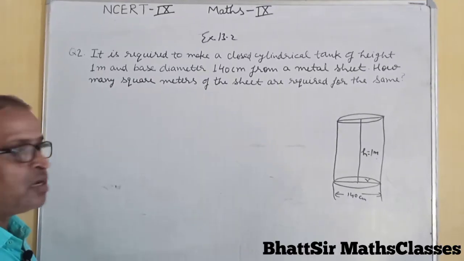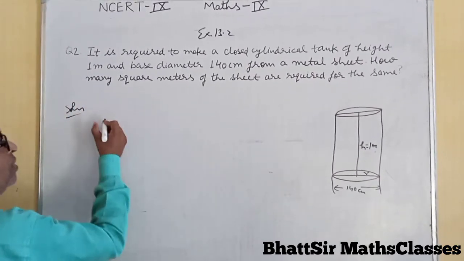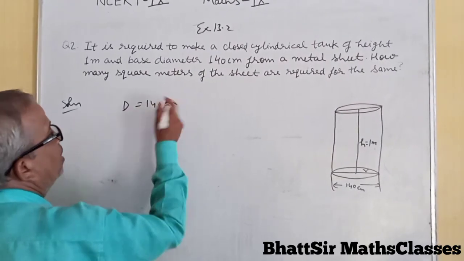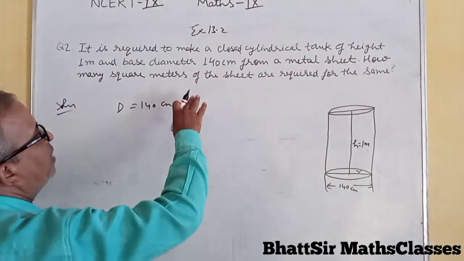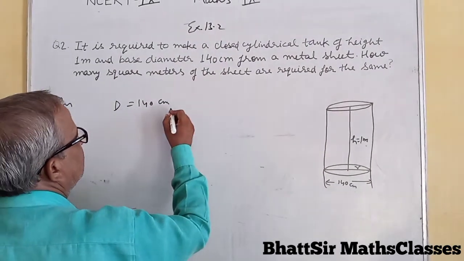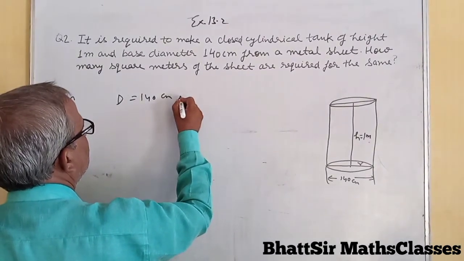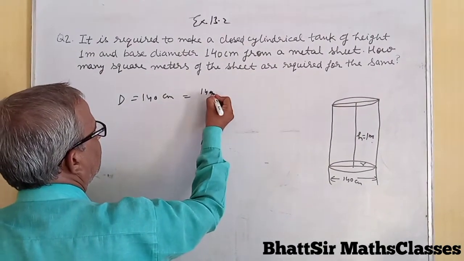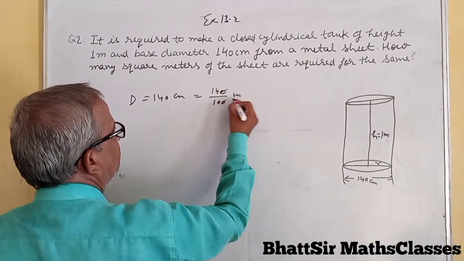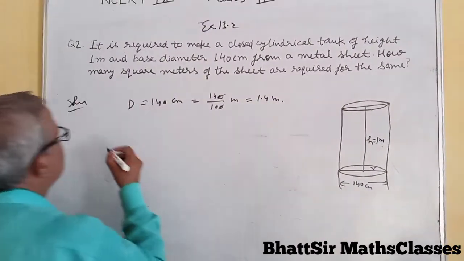So first, now I am giving the solution. Given D equals 140 centimeter, but the question demands the answer in meter square, so I want to convert the diameter from centimeter to meter. So therefore equal to 140 upon 100 meter, 1.4 meter.